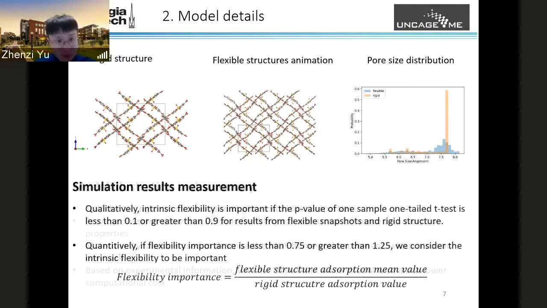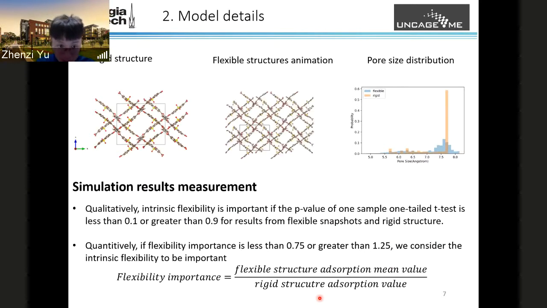In terms of the simulation result measurement, we think intrinsic flexibility is important if the p-value for a one-sample one-tailed t-test is less than 0.1 or greater than 0.9 for results from flexible snapshots and rigid snapshot. This is a statistical test to see whether the flexibility results are different from the rigid result.